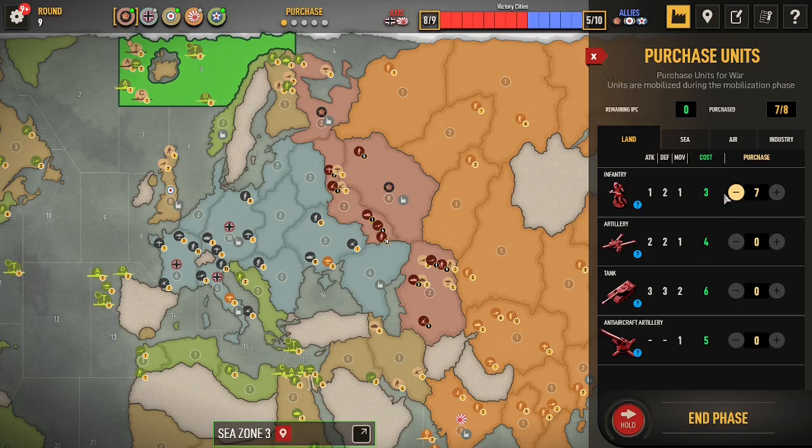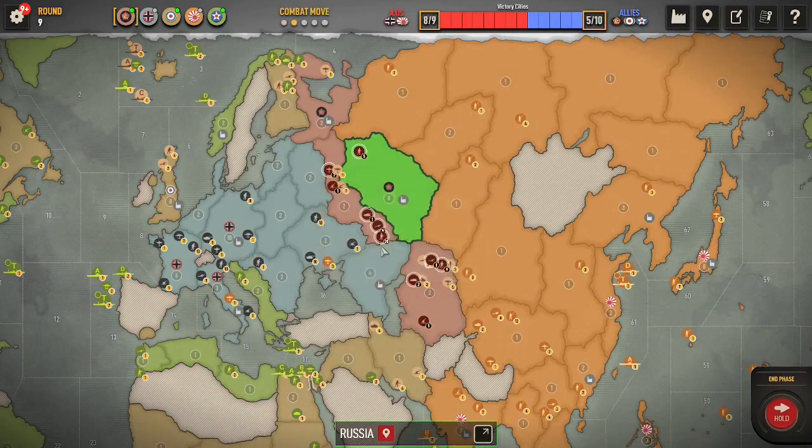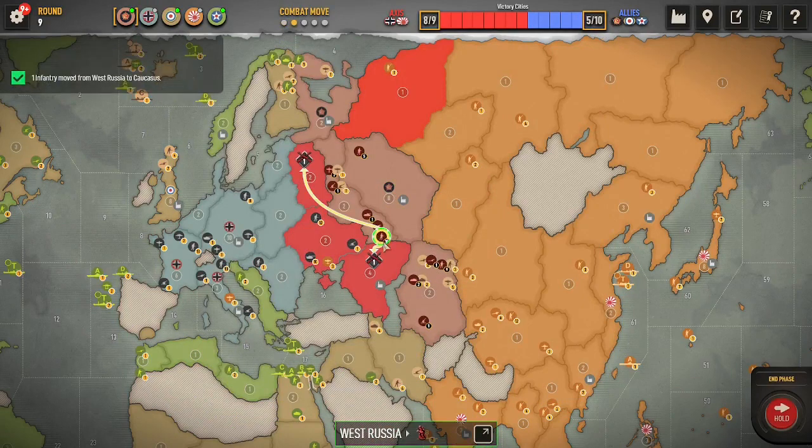All right, so I'm going to build the 7, put 6 in here. I mean, 18-6, and I'm going to move this tank out, and I just need to have at least one of my fighters hanging back here. That's enough.